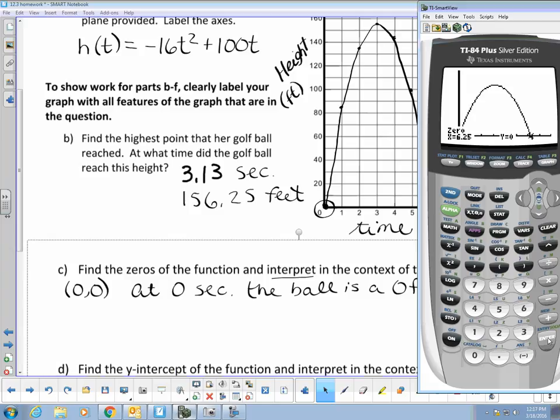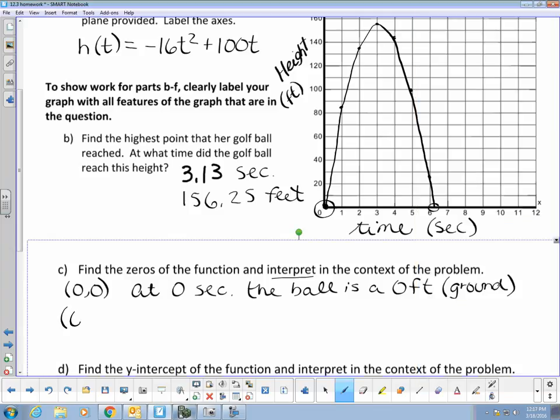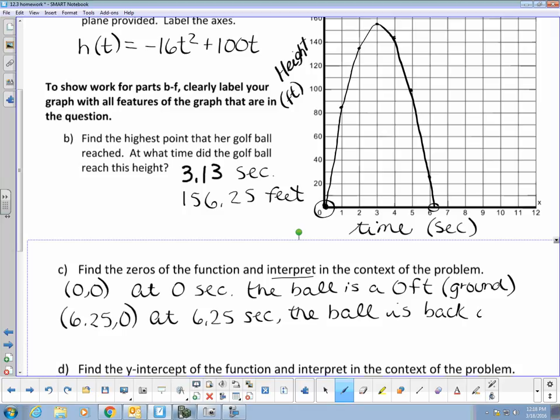So my second x-intercept, or my second zero, is at 6.25, 0. Which means at 6.25 seconds, the ball is back on the ground. It completed its path, and it is at 0 feet, back on the ground.